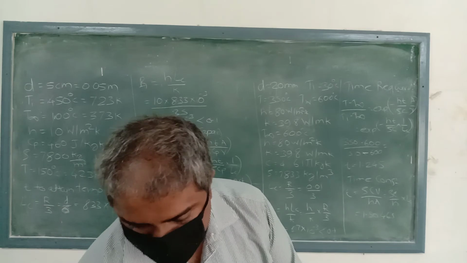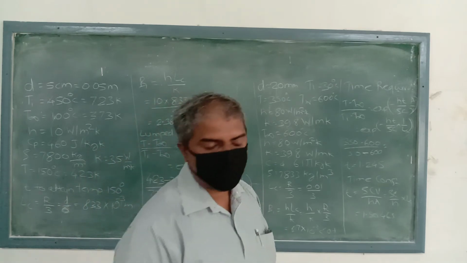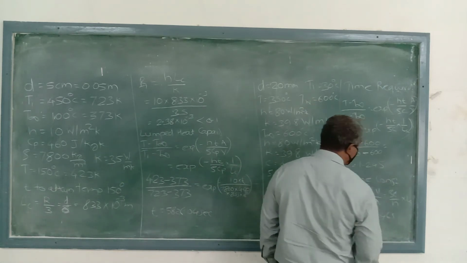So this is the time required to attain 350 degrees Celsius from 30 degrees Celsius.